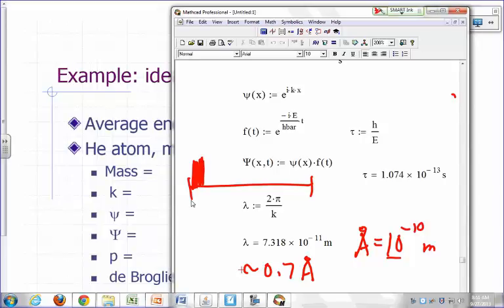So that 10 to the 10th is what? 10 billion, right? A billion is 10 to the 9. So imagine you have a meter stick, the length of your box, corresponding to a meter. Imagine dividing that into 10 billion parts. You can have 10 billion cycles of the wave within that box.